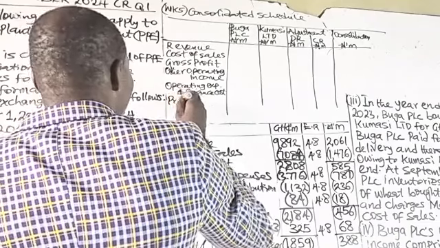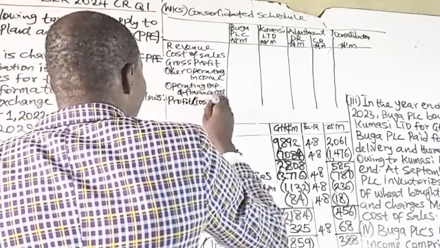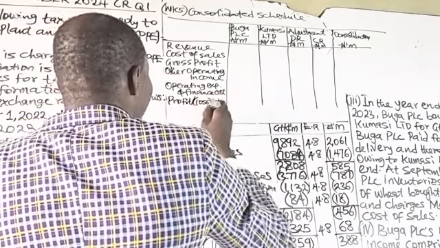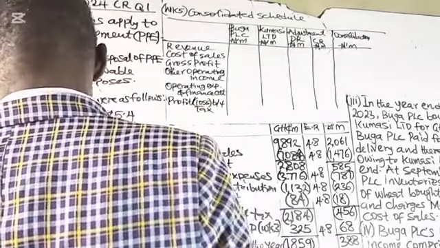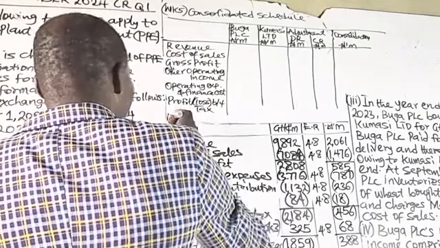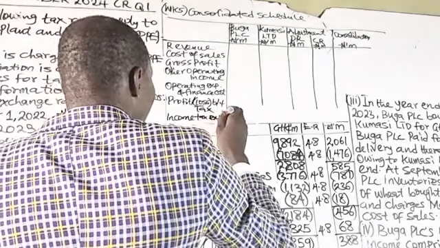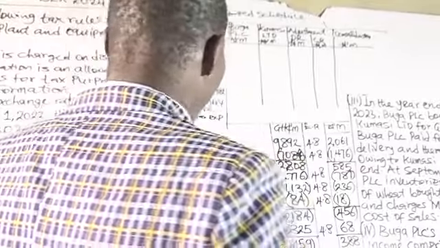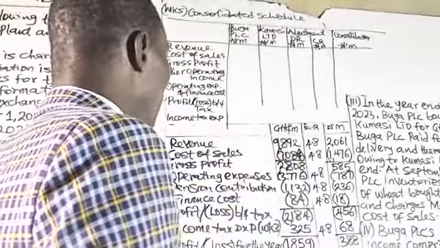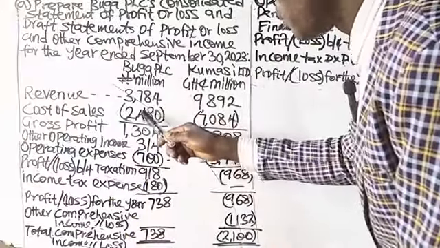Then after profit or loss before tax, we have income tax expense. So back to the statement of profit or loss of the parent. We want to include the amounts from the parent company's statement of profit or loss.